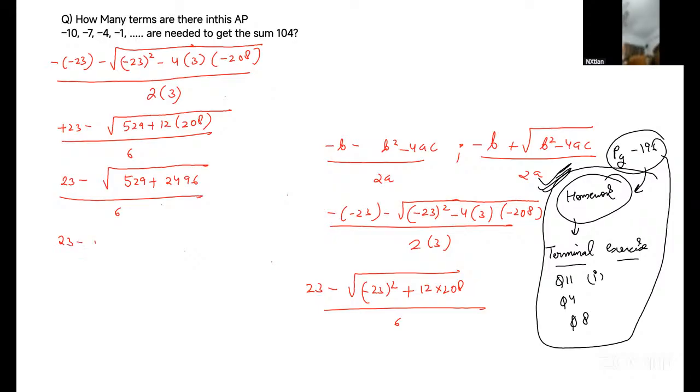So 23 minus root of 3025 divided by 6. Did you understand? Nine, 5, 1, 11, 12, 18. This is the answer in the root. You got the same? No, that's where I made a mistake. What mistake did you make? A silly mistake.